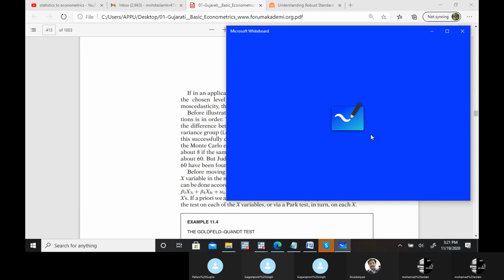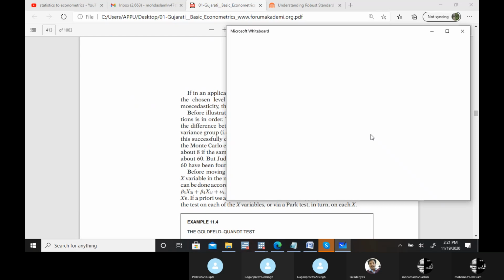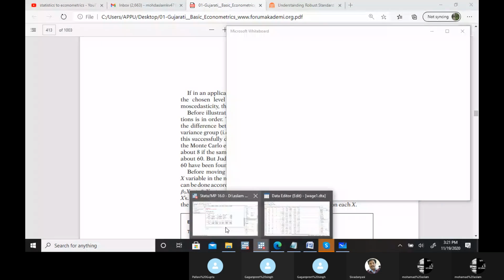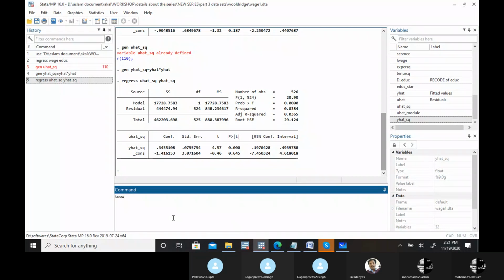Actually the thing is quite simple, what I explained yesterday with the diagram: with the increase in the level of the x variable, like in this data, we did a two-way scatter of u hat square with y hat. It's taking time, I don't know why. Still it's running.